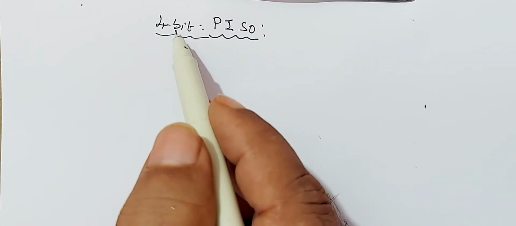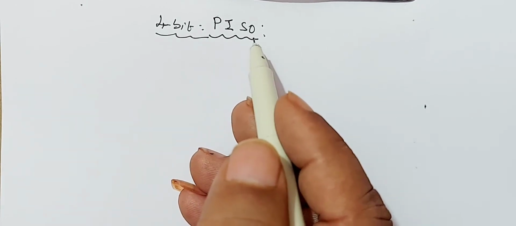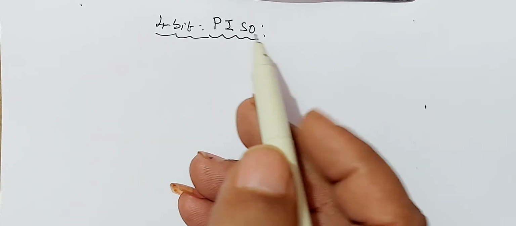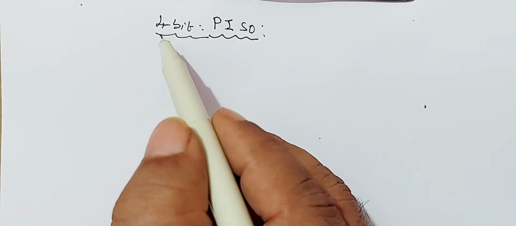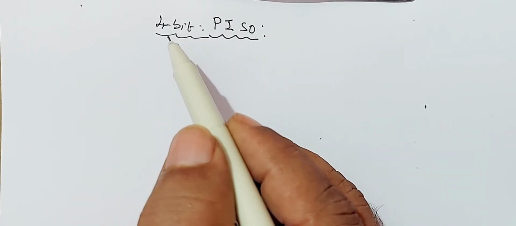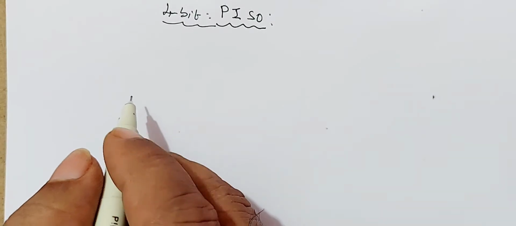So you have to apply all the 4 bits simultaneously as the input, and you have to take the output bit by bit, that is parallel in serial out. Since we are shifting 4 bits, you require 4 D type flip-flops. First you draw all the 4 D flip-flops.